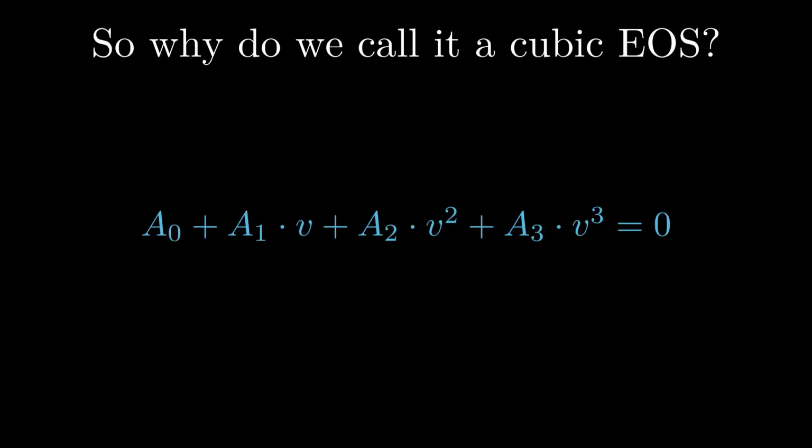Oof, that was a lot of algebra, but voila! There we have a cubic equation with respect to the molar volume. We sometimes want to switch out the molar volume for the z factor because it's more convenient to solve for in the equation of state calculations. But the cubic form is still the same.